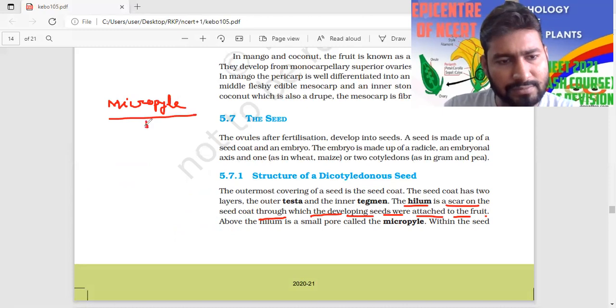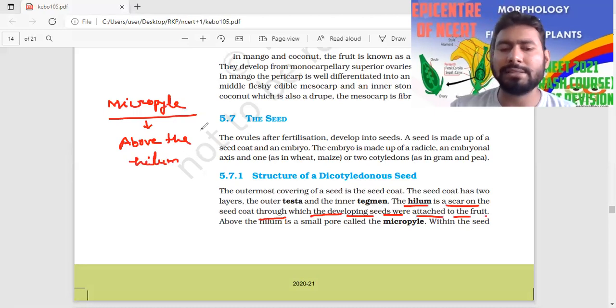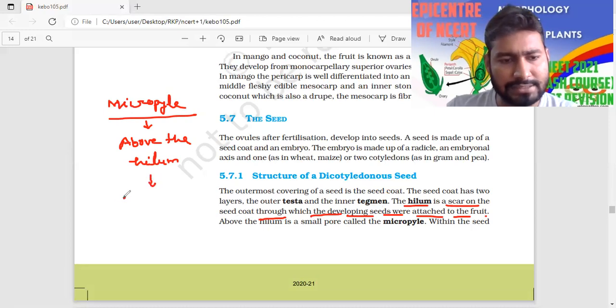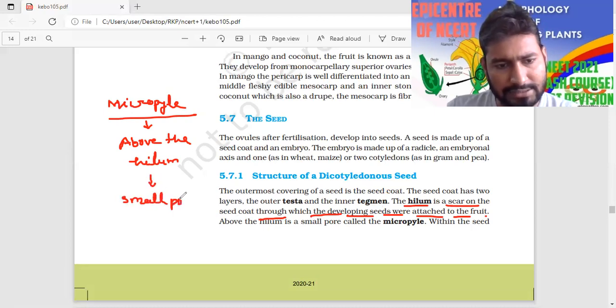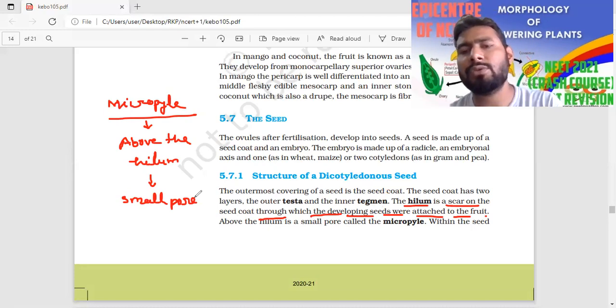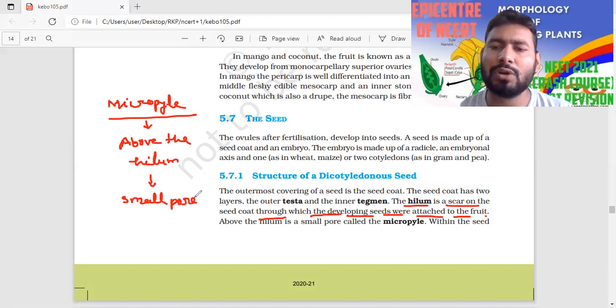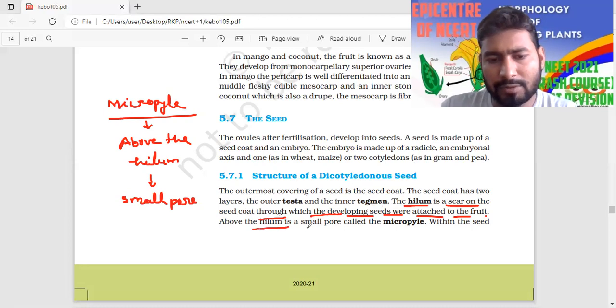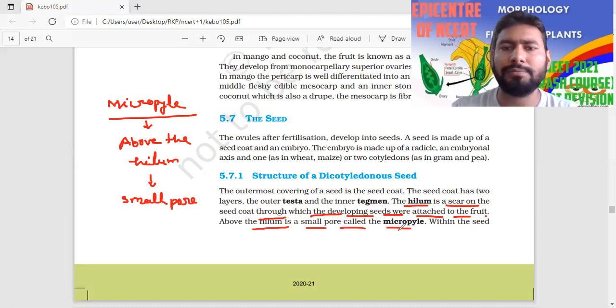The micropyle is located above the hilum, and it is a small pore by which water and oxygen enter and the seed germinates easily. Another important thing you can see they have given here.